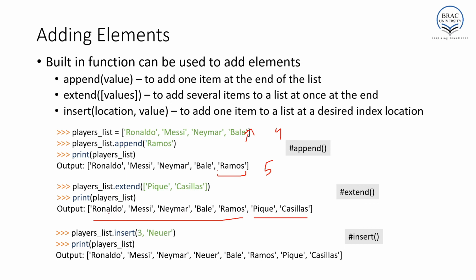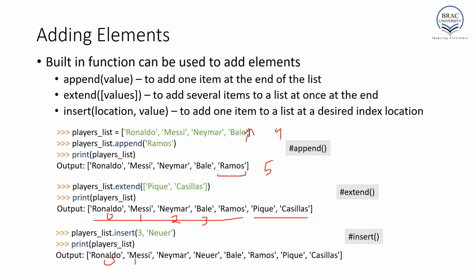So the third index is 0, 1, 2 and 3. Now in the third index I have Bale, but I want Neuer to be in the third index. So when I write this line, Neuer gets inserted at the third index position.